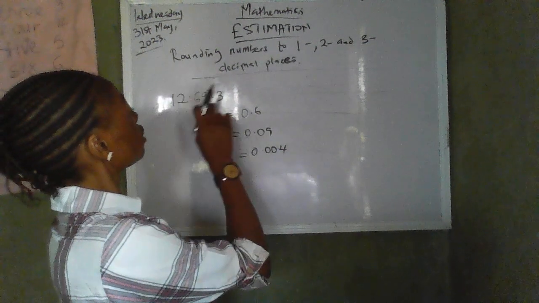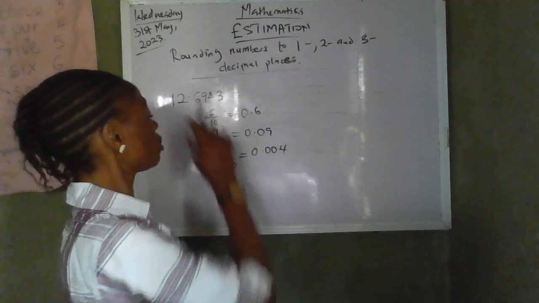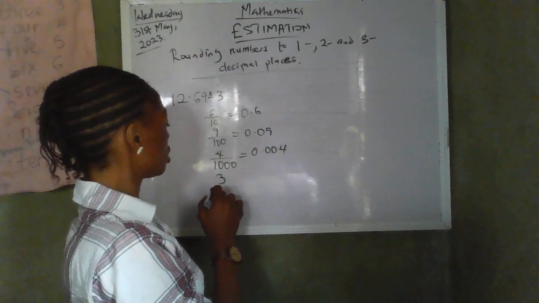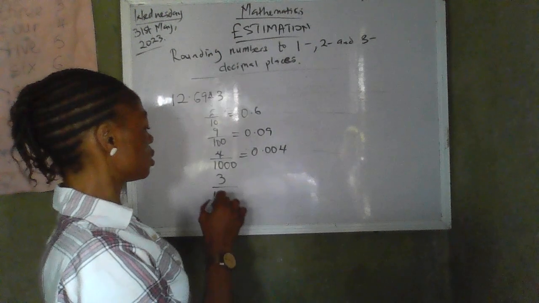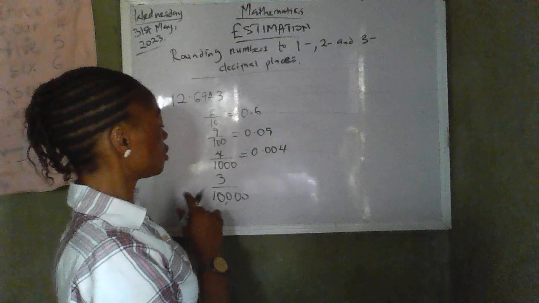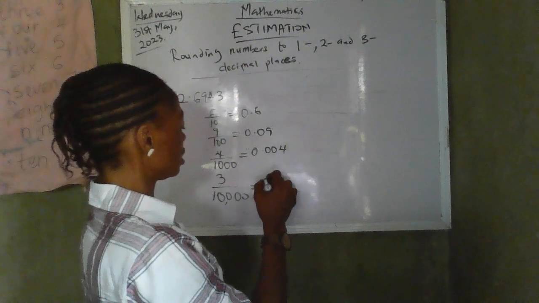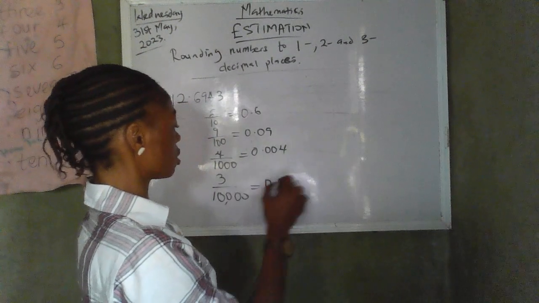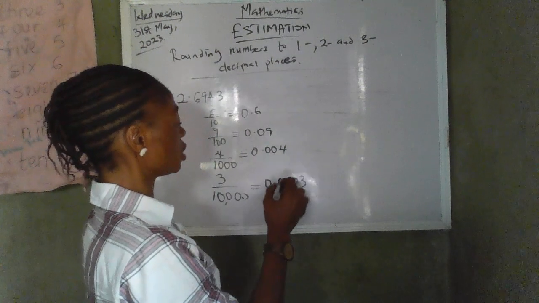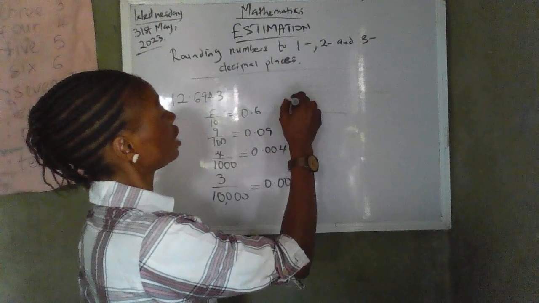Then the place value for 3, which is 4 places after the decimal point, will be 3 over 10,000, since you have 4 zeros. That's 3 over 10,000 as a fraction. Then as a decimal number is 0.0003.